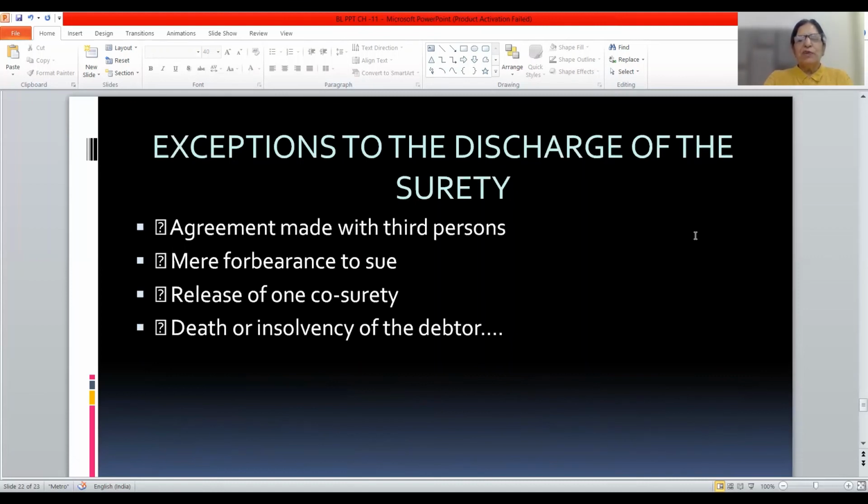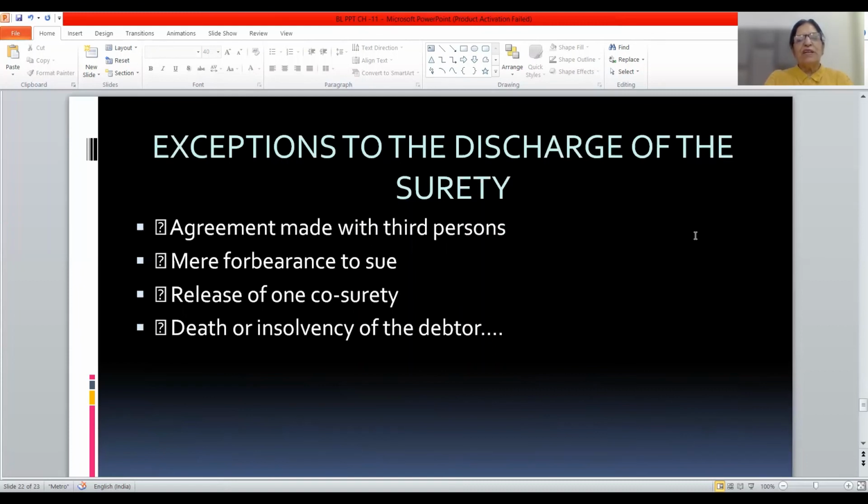He is able to pay only 8,000 rupees after the expiry of 1 month, which is overheard by the surety. Then the surety will not be discharged from his liability. Any compromise or agreement made with the third party, not with the principal debtor, will not discharge the surety from his liability.